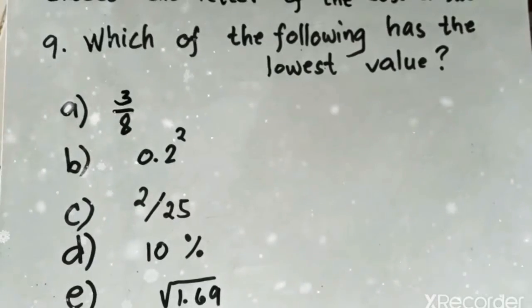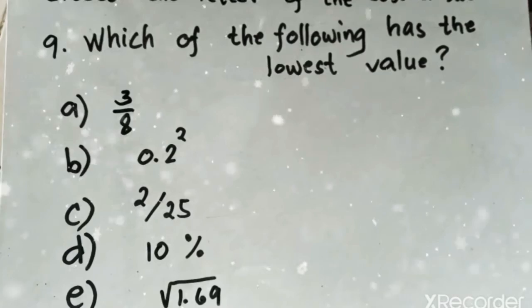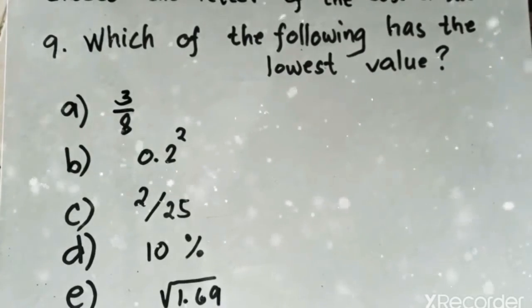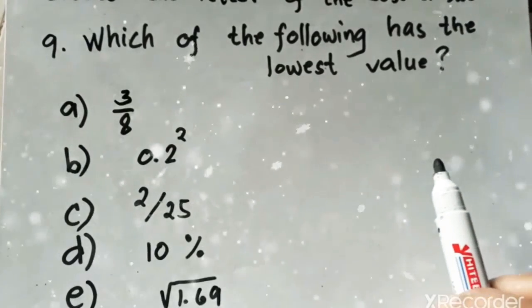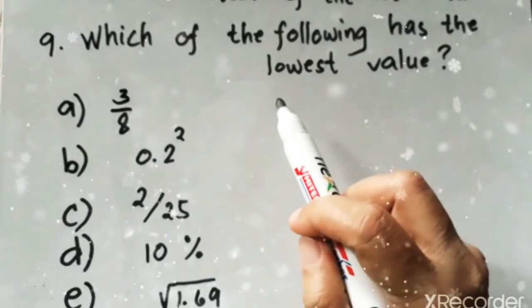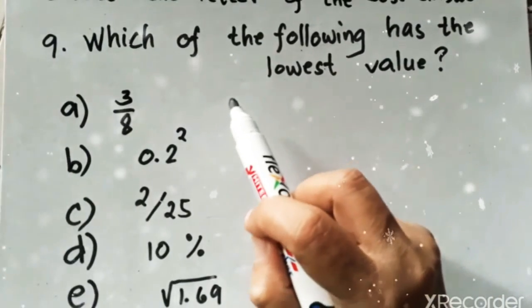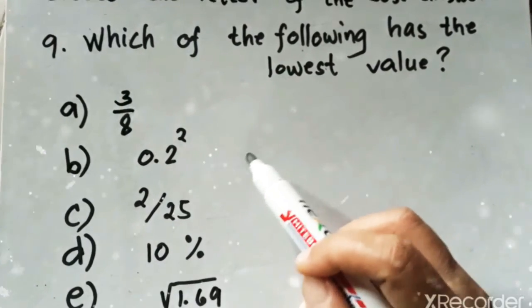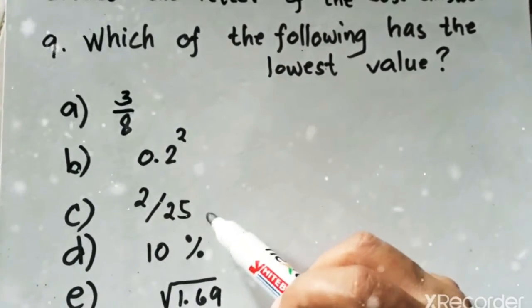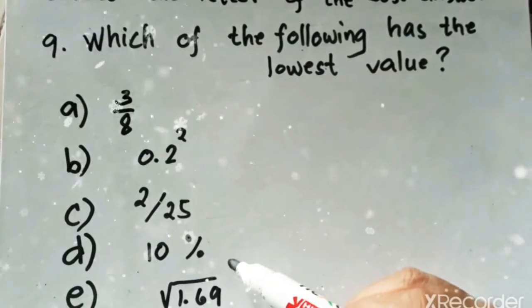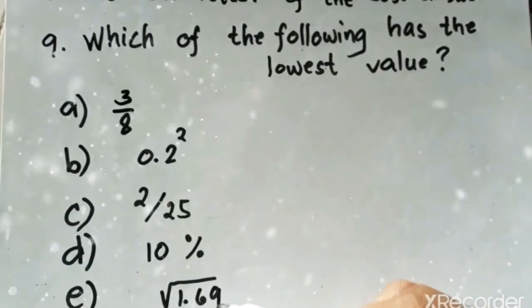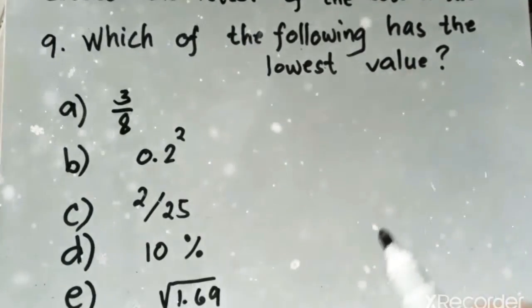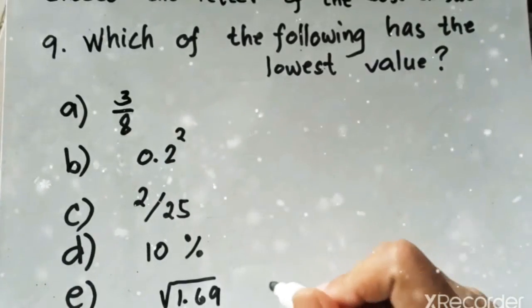Okay, here's number 9 of our compiled set questions. Which of the following has the lowest value? Letter A, 3 over 8; B, 0.2 squared; C, 2 over 25; D, 10%; and E, the square root of 1.69.